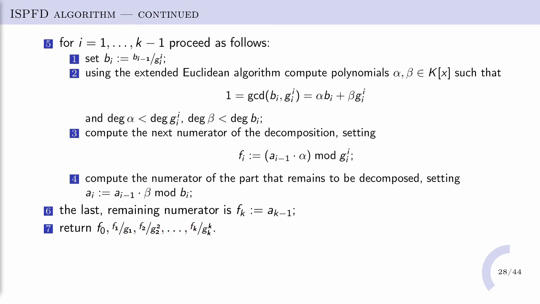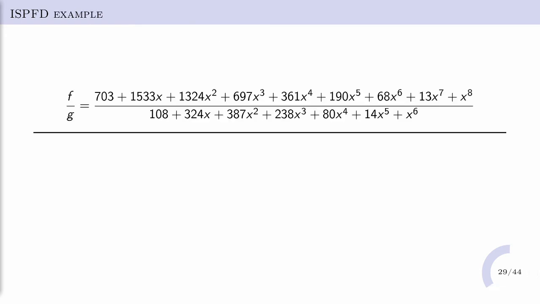Let me show you an explicit example of how it works. We start with such a big, quite ugly rational function, and we want to decompose it, to write it in the form of a sum of simple fractions. First of all, we divide the numerator by the denominator.